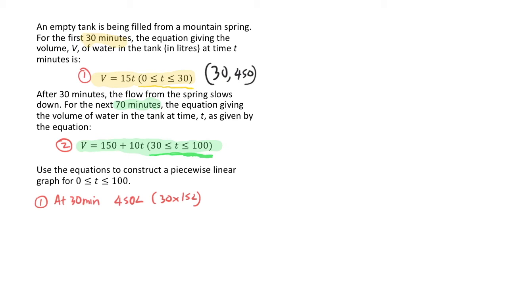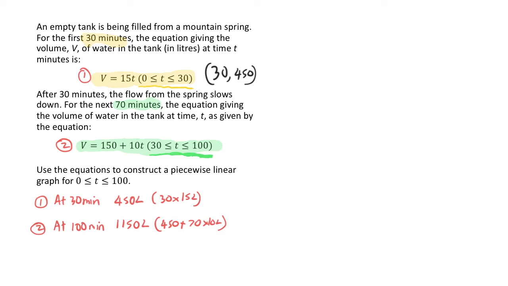For the second point, where my graph is actually going to finish because there are only two equations: at 100 minutes, the amount of water in the tank is going to be 1,150 liters. This is calculated by starting at our original 450, plus 70 minutes filling at 10 liters per minute.